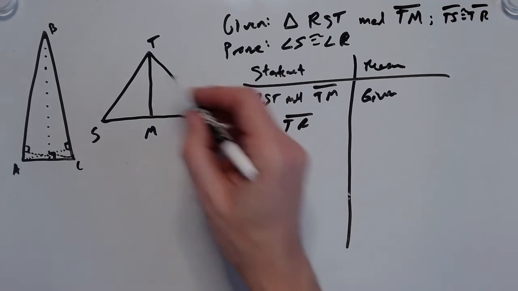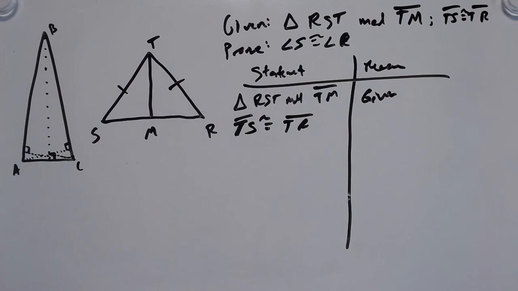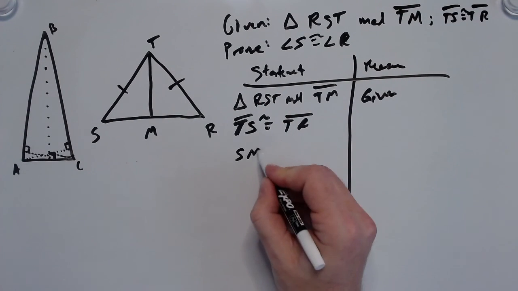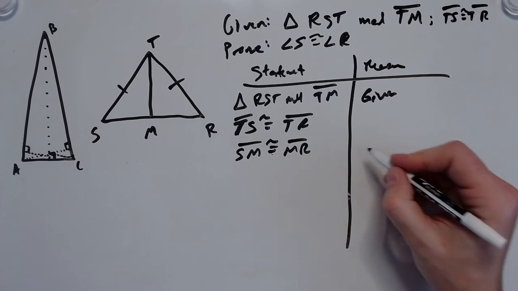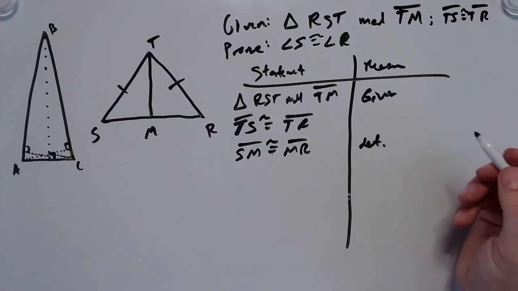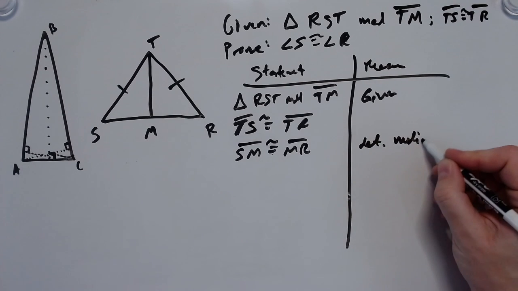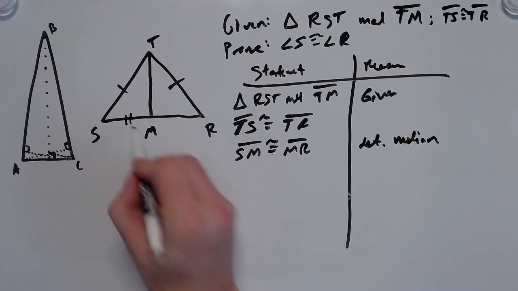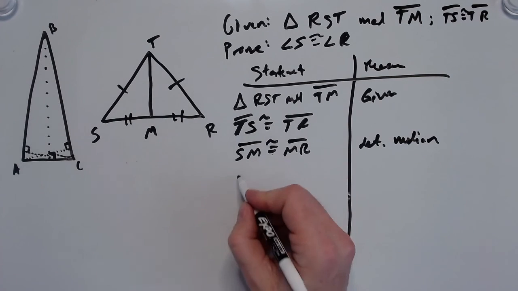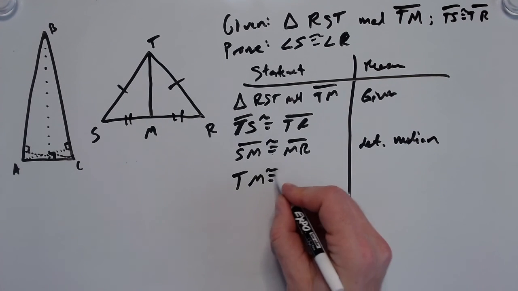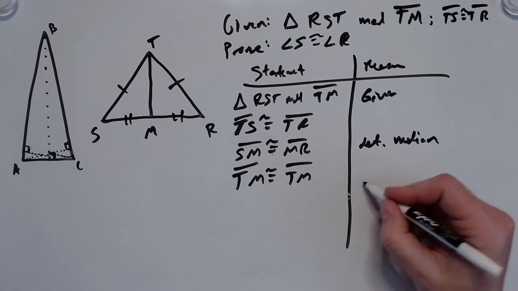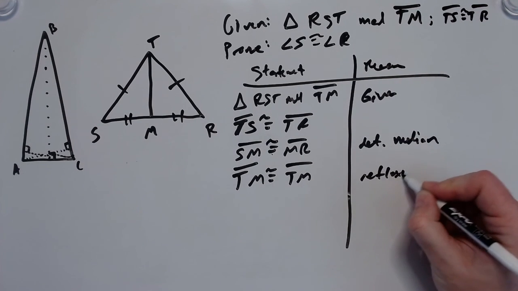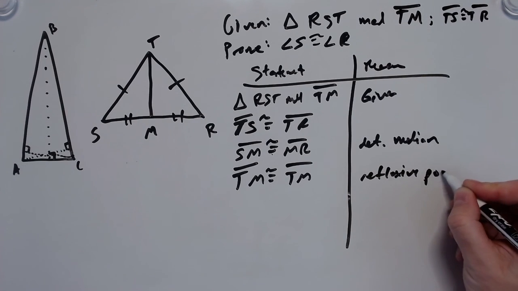We know that much. And we know that SM is congruent to MR because that's the definition of a median. And we're going to write one of those weird things, that segment TM is congruent to TM. And that's just the reflexive property. Something is always congruent to itself.